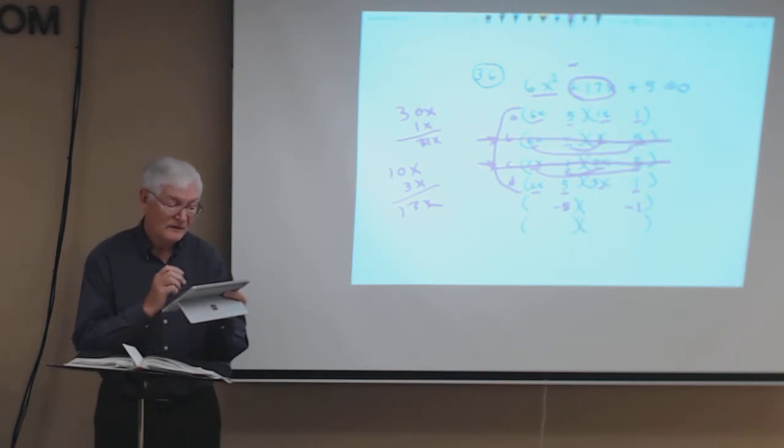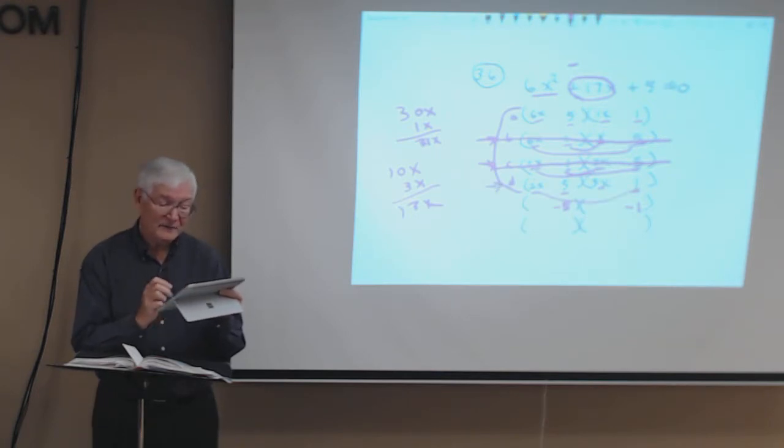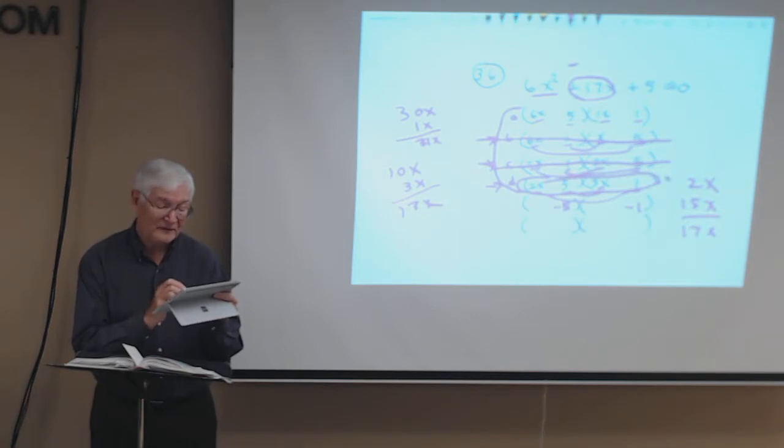D. 2 times 1 is 2. So that gives me 2x. 15x. Oh man, there it is, 17x. There's the keeper right there. Who would have thought? So what zeroes out?